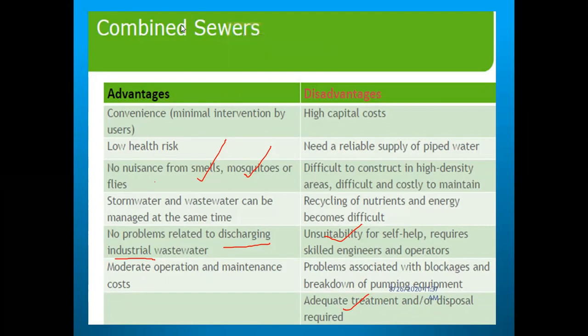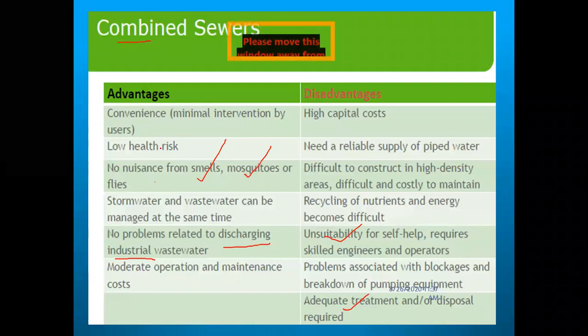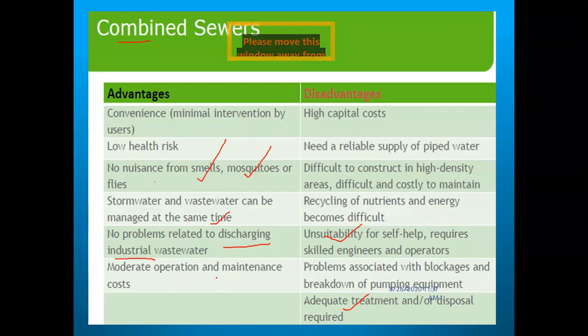We have low health risk, because everything goes under one pipeline, when compared to the separate system. Stormwater and wastewater can be managed at the same time, easily. The operation and maintenance cost is moderate compared to the other types of sewer systems.